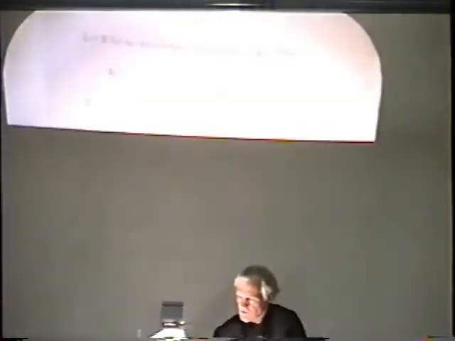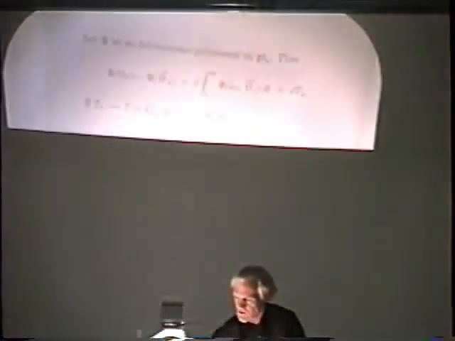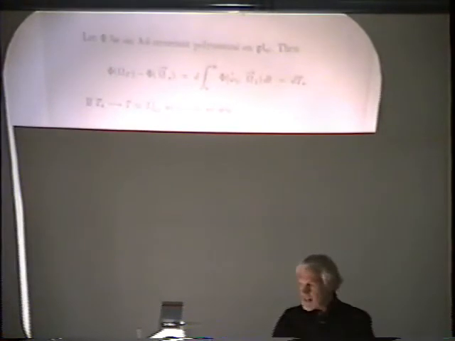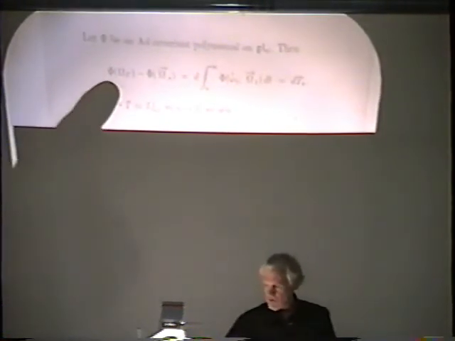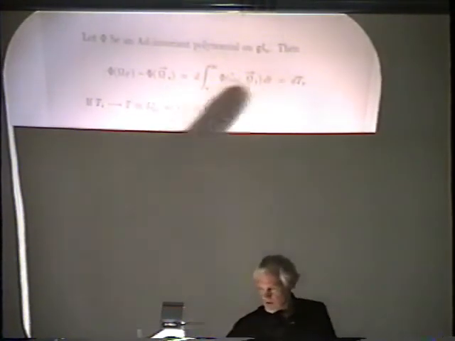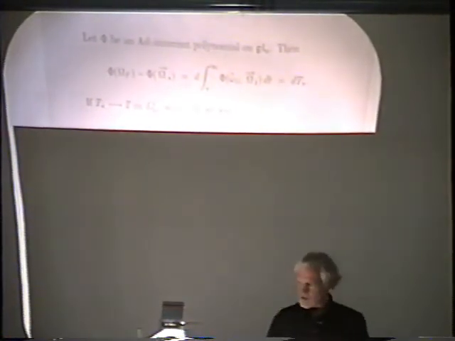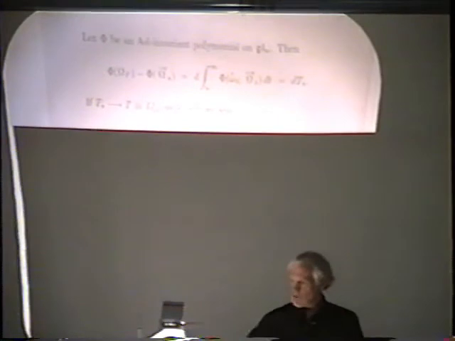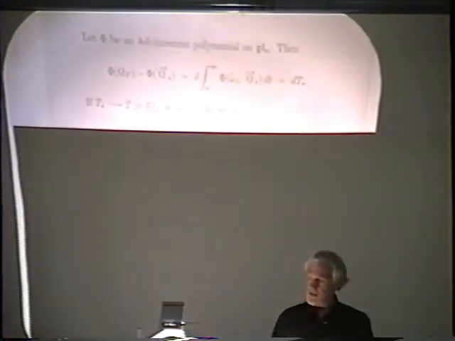Now, once you do this, then you simply apply the standard Chern formula that Jeff was talking about this morning, and for any time s, the difference between phi of omega f and phi of omega s is d of this canonical transgression. And this is a perfectly smooth formula for positive s.